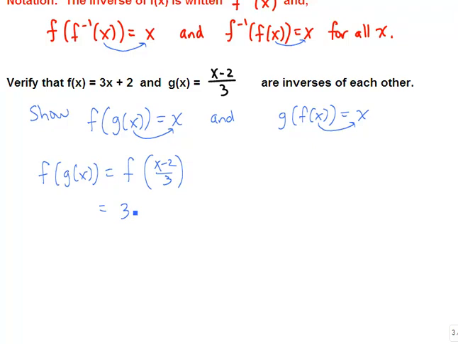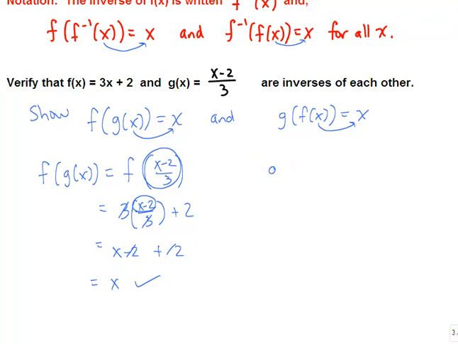So we want 3 times all of this input plus 2. And now let's simplify. 3 times (x minus 2) over 3, these 3's cancel out because one's on the bottom and one's on the top. So all we get left over is x minus 2 plus the 2 on the side, and these 2's cancel out, so we did get x back, and that's what we're trying to show, that when you start with x, you end with x. Okay, so that worked in one direction.